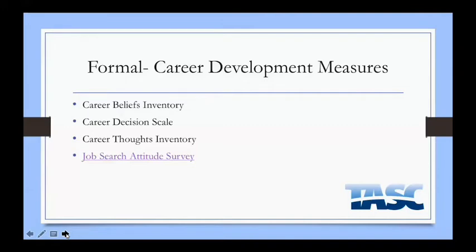So, formal career development measures. These are inventories that measure developmental stages or tasks on a continuum of our students. The degree of an individual's career maturity is determined by the location on that actual continuum. Some of these are really, really good assessments of that.